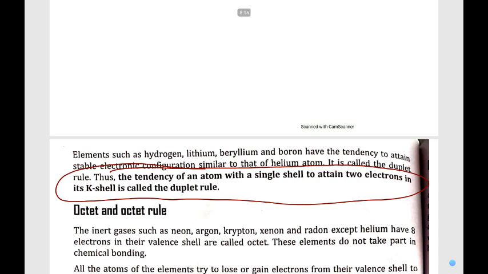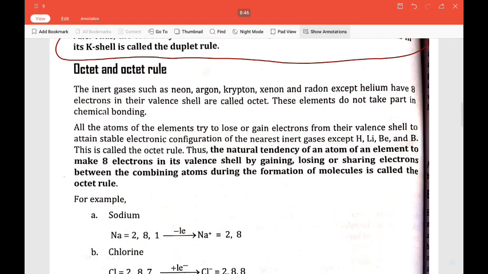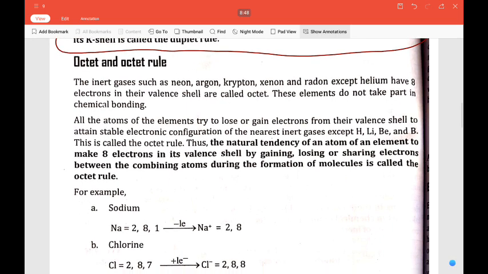Here just keep in mind, helium is in a stable state. Other elements, hydrogen, lithium, beryllium, boron, they are active because their cell is not full of electrons. They either gain or lose electrons to be stable. Students, that was duplet and duplet rule.